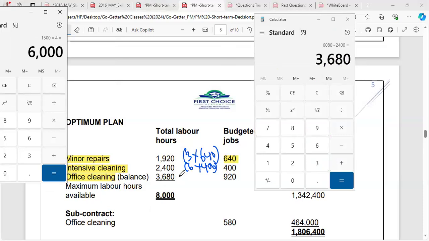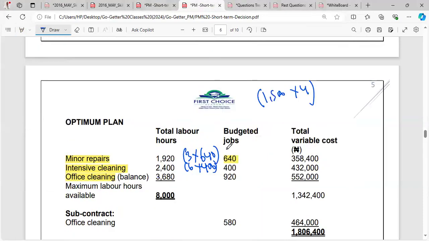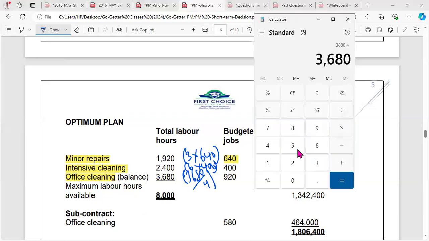Fine. How many jobs will that give us? We have 4 hours per job. So what you simply do now is 3,680 divided by 4. So what would that give you? 3,680 divided by 4, that will give you 920.